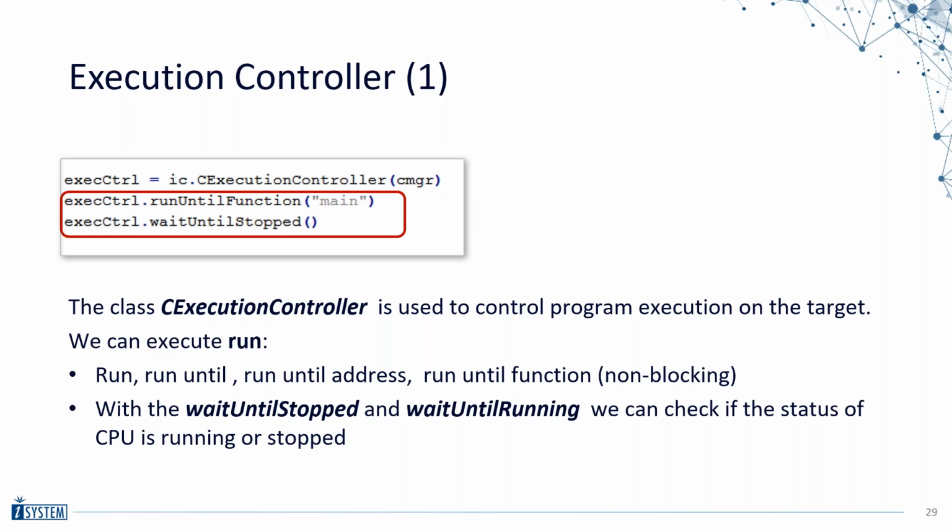We need to check with the Python script whether the execution is still running or whether the CPU is in stop. Meaning we can use wait until stopped or wait until running function to check what is the CPU status.